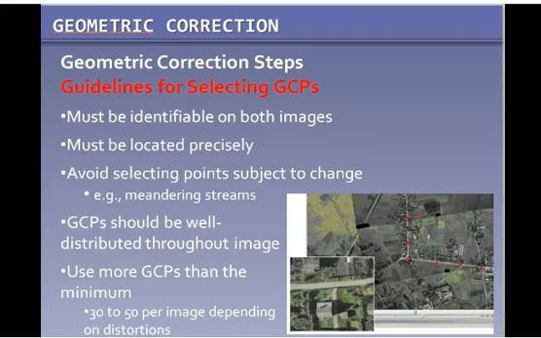Some of these guidelines are really obvious. Clearly, you have to be able to identify whatever location you're using in both images, so it has to be distinct, and you can identify that correctly in both your image and your reference map. You also need to be able to precisely locate them. For example, I may be able to identify a lake in both my image and the reference map, but I have to know precisely where in that lake I can match those two images up.